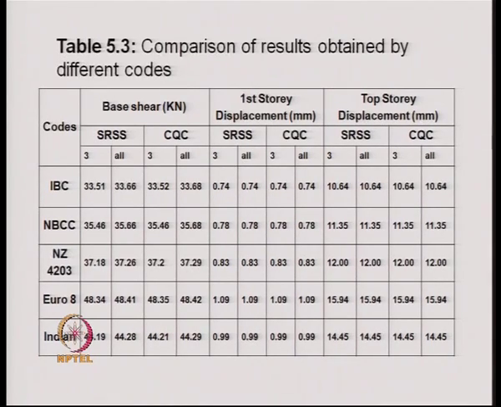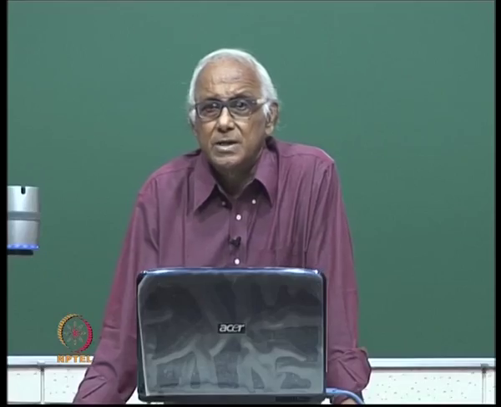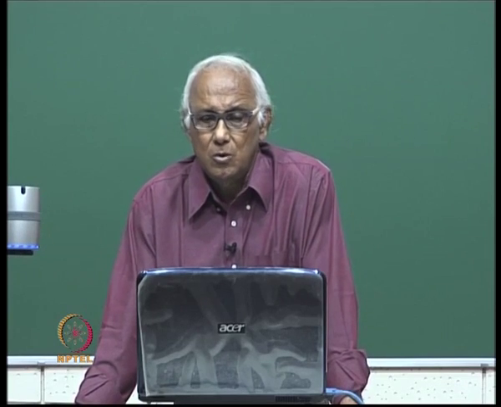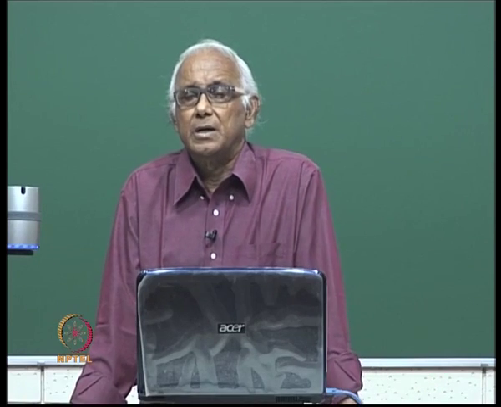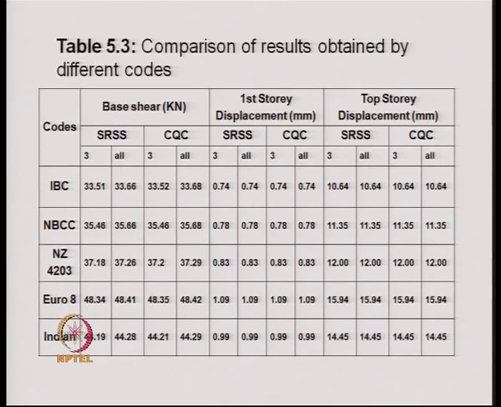Next, what we observe is that IBC, NBCC and New Zealand code give one kind of result, whereas the Euro code and the Indian code give a higher value of the response.